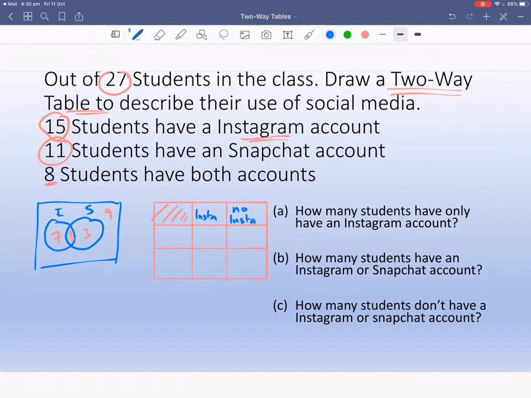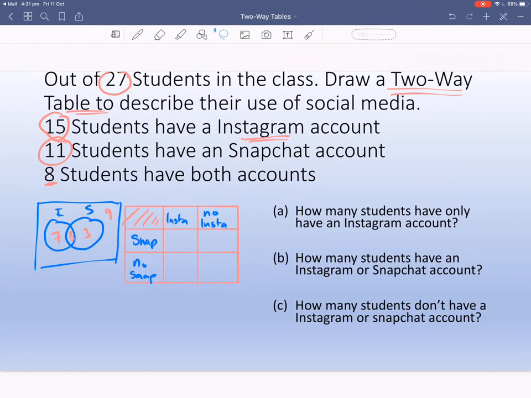Now on the column down, we've got to do the same thing. So Snapchat and no Snapchat. So how many students have Snapchat and how many students don't have Snapchat? Now I'm also going to have to move this around because I didn't do it properly.